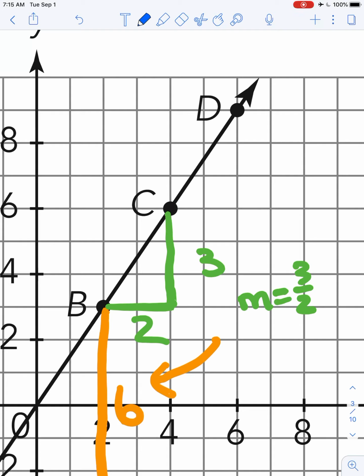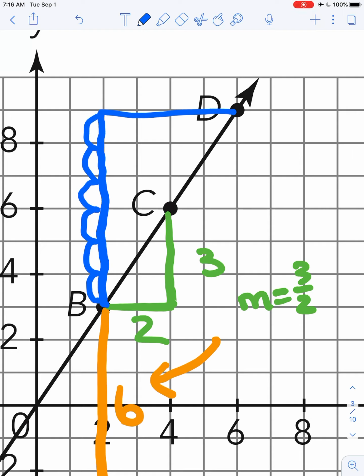Now, it wants B to C, or B to D, but I don't want to mess up all of what I wrote, so I'm just going to do it upside down. It's not a big deal. It's still a triangle. We still have a height. So we still go up 1, 2, 3, 4, 5, 6. It's 6.